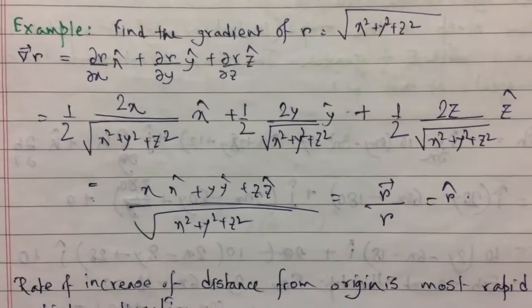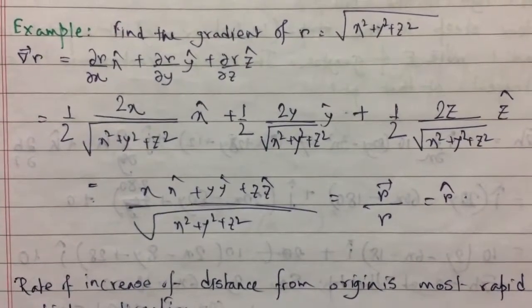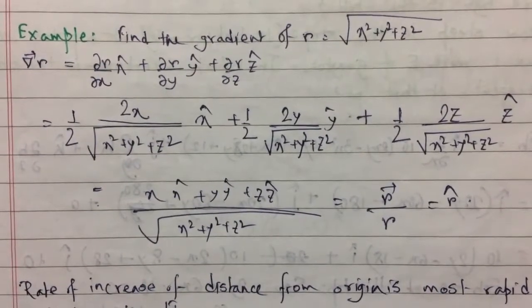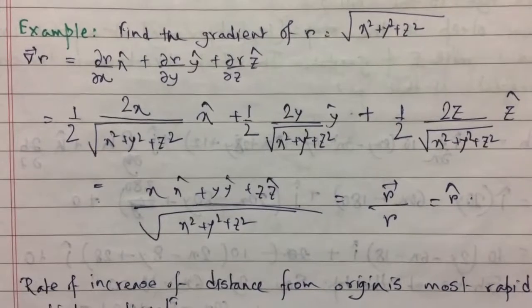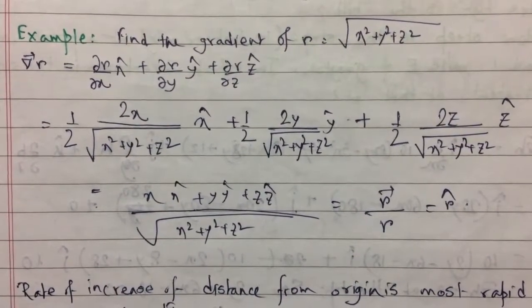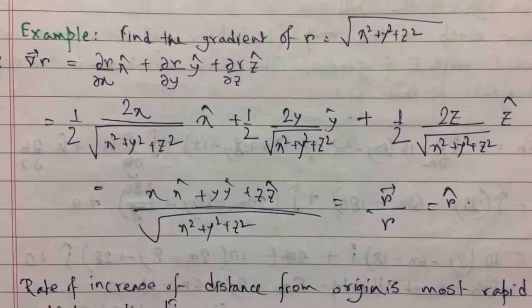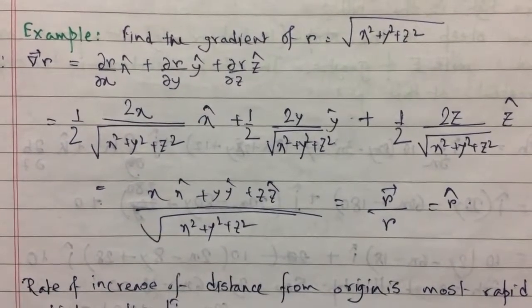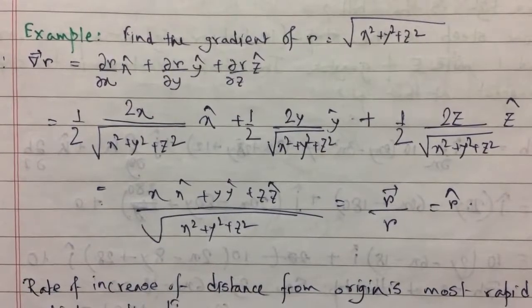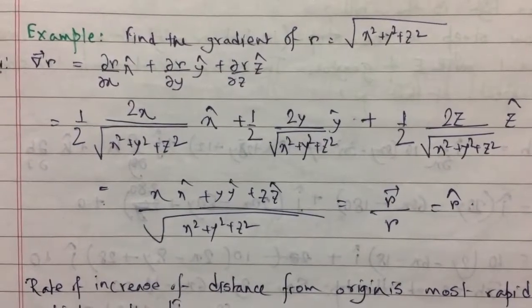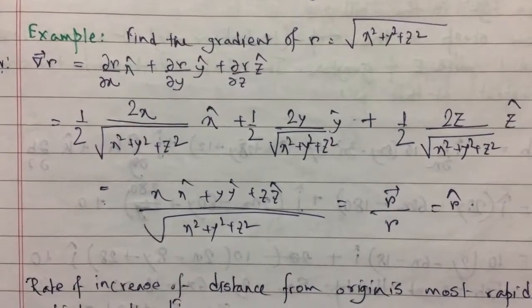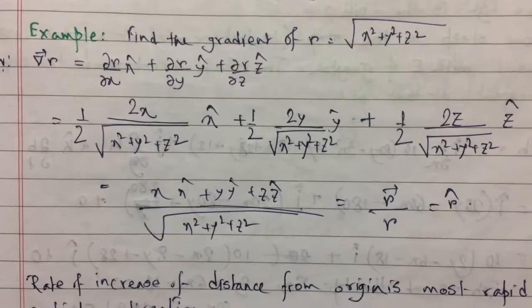So in the second line, we have just taken the derivative of this length R equal to root over x square plus y square plus z square. We have taken the first derivative of it with respect to x first. Then in the second term, we have taken its first derivative with respect to y. And then in the third term, we have taken the first derivative of it with respect to z.